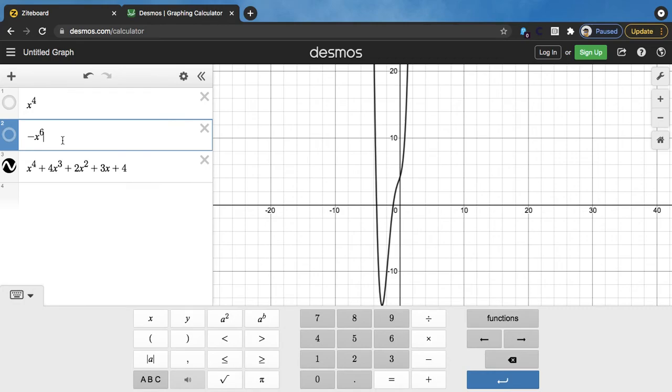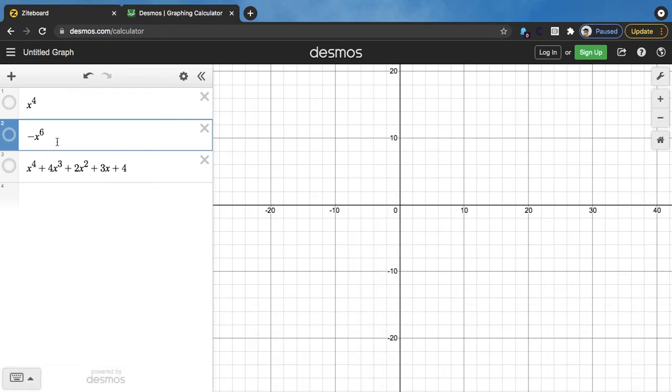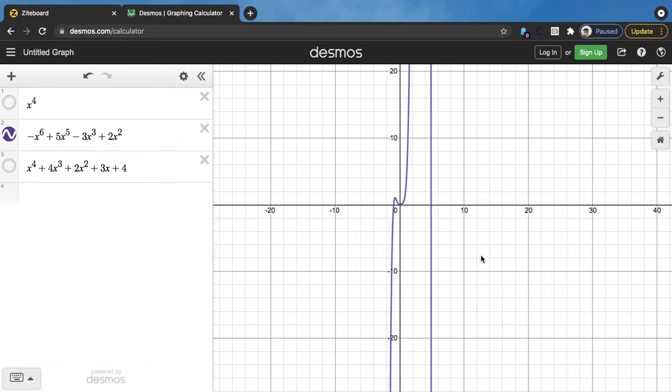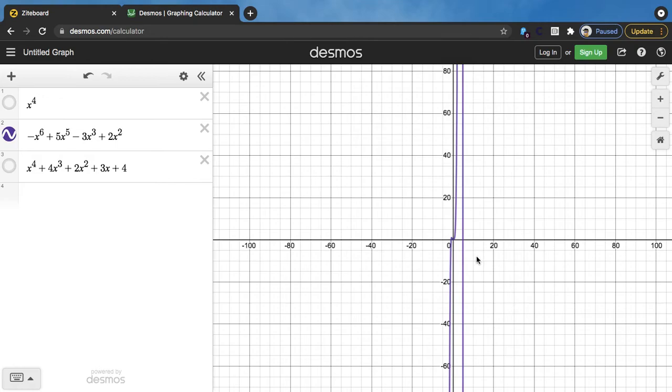Similarly, if it's a negative leading coefficient, let's add some of the terms. Minus 3x cubed plus 2x squared. If I look at the graph, it is finally looking downwards, right?